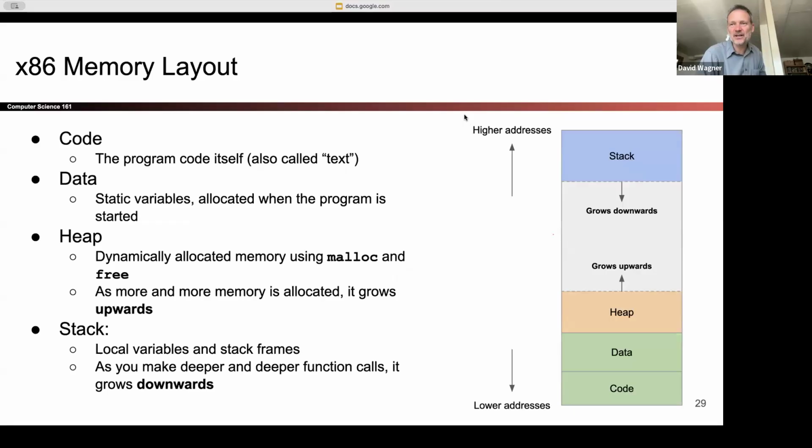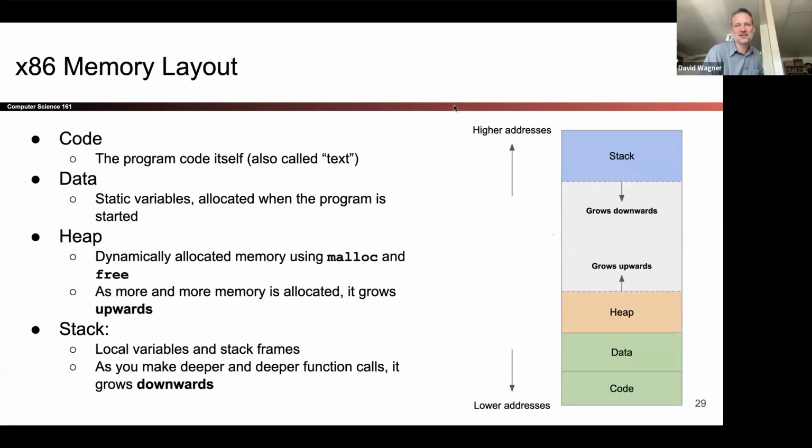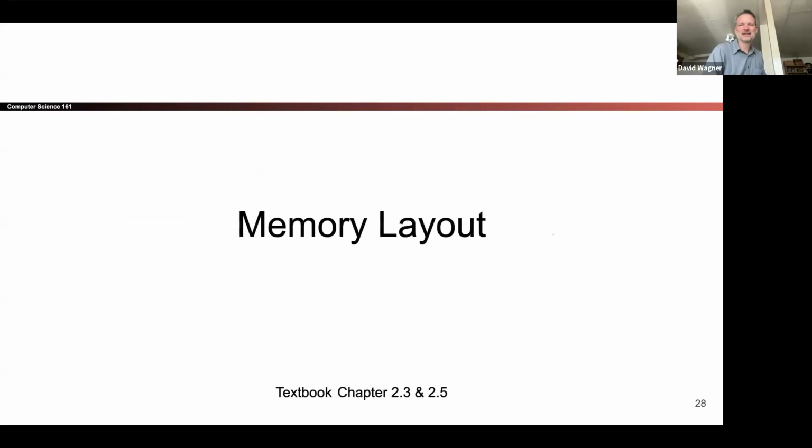Now, what's stored in memory on an x86 processor? What's an x86 processor? Oh, let me back up. What would be some examples of computers we might have that are running an x86 processor? Can anyone give some examples?